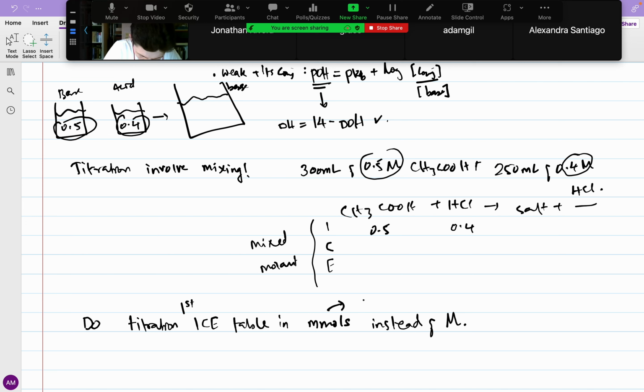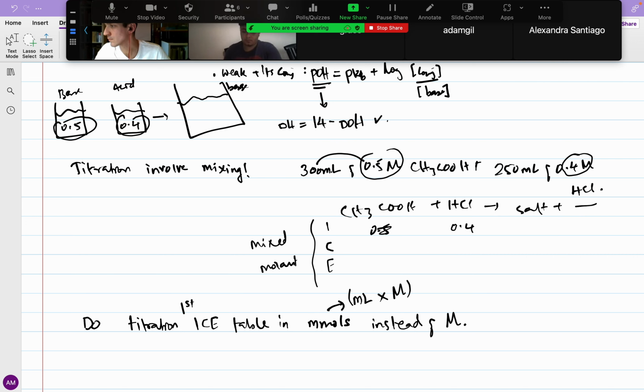Millimoles you get by multiplying your milliliters by the molarity, right? So if we go back up here, instead of using 0.5, let's look at how many millimoles of CH3COOH we've got. 300 times 0.5, which is 150 millimoles. How many millimoles of HCl have we got? This times that, which is 100.